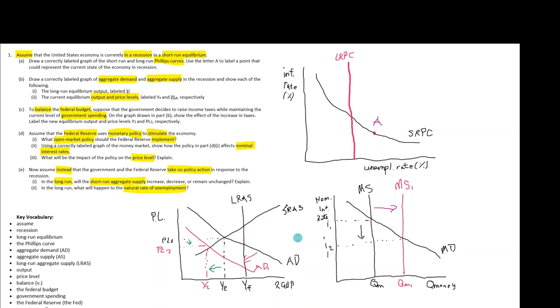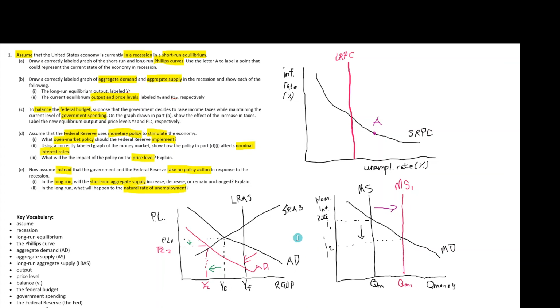Okay, so what happens is if you've got high unemployment and other factors of production are not fully used, this fall in the price level indicates that they will become cheaper, because costs of production are part of your short-run aggregate supply curve. Those costs of production fall. That's going to lead to higher production.